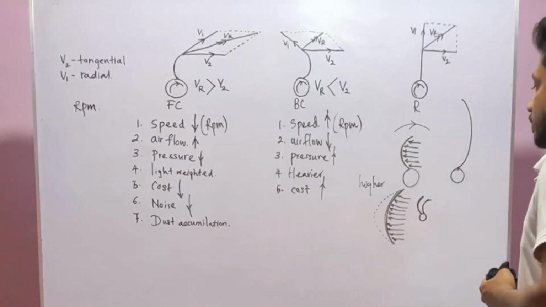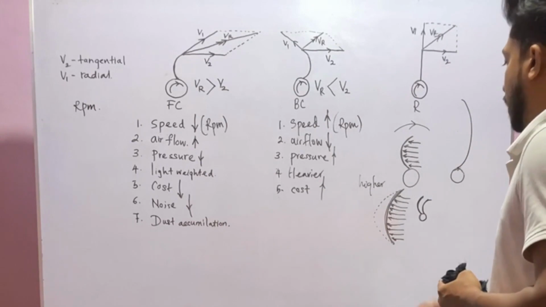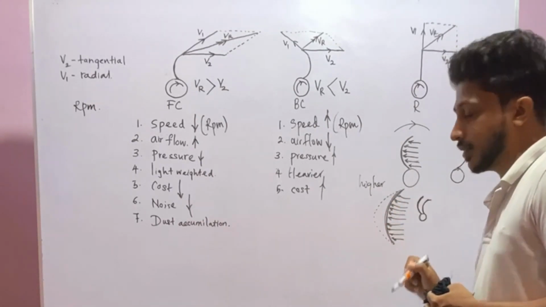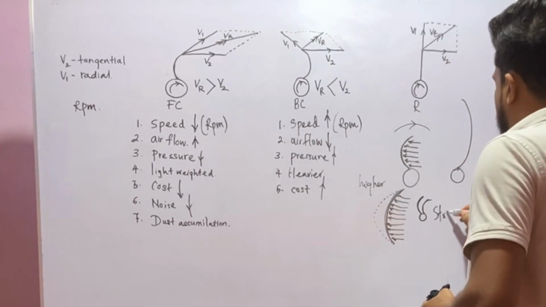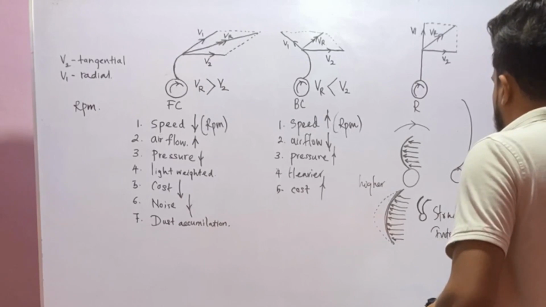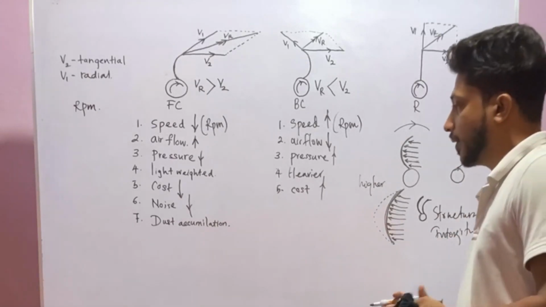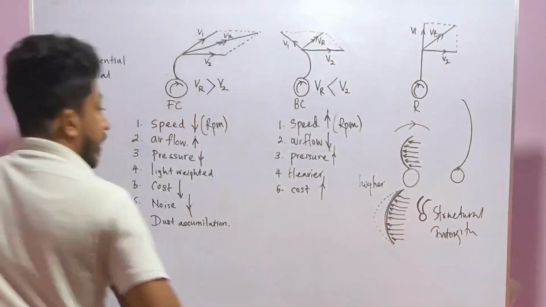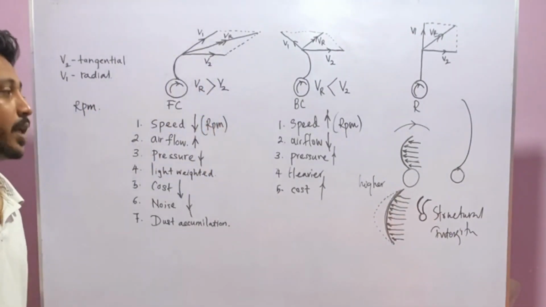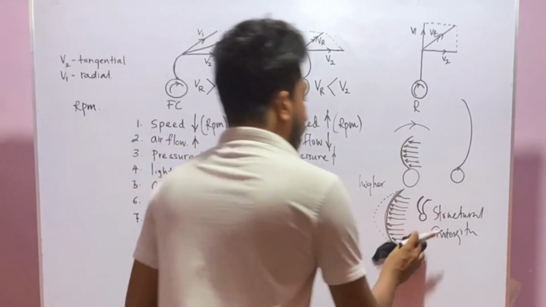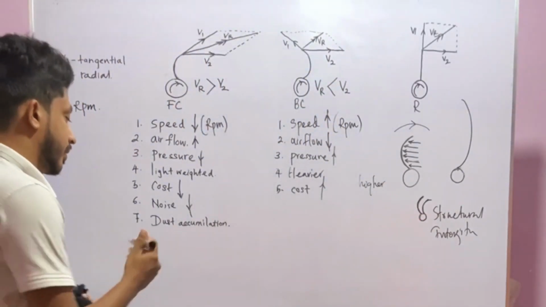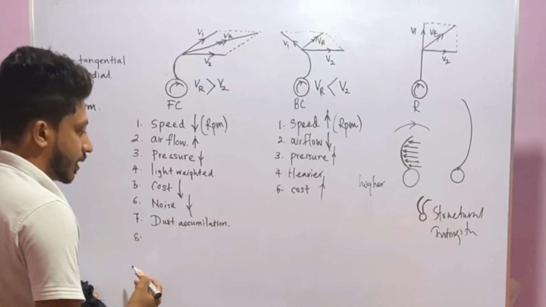Okay, so if the impeller is bent like this, our structural integrity cannot be achieved. That means our intended purpose cannot be achieved if this impeller is bent like this. Because of that, we don't increase the forward curve fan blade length.